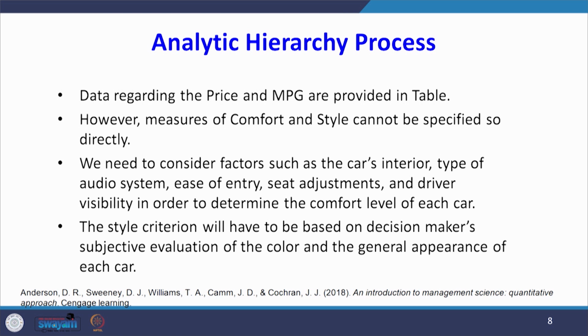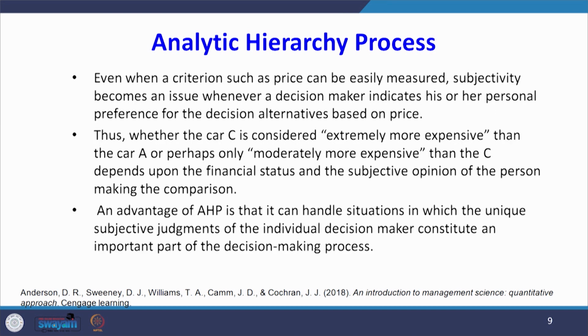Because the style will differ with the decision maker's expectation, different decision makers may prefer different styles. Even when a criterion such as price can be easily measured, subjectivity becomes an issue whenever a decision maker indicates his or her personal preference for the decision alternative based on the price.